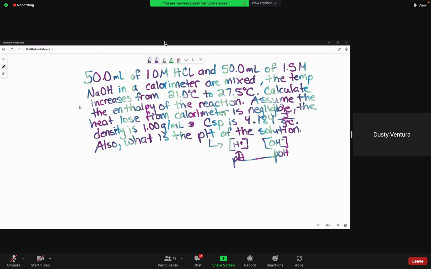And that means we need to calculate the enthalpy. Delta H of reaction equals negative Q of reaction divided by moles of limiting reagent. So that's our goal.